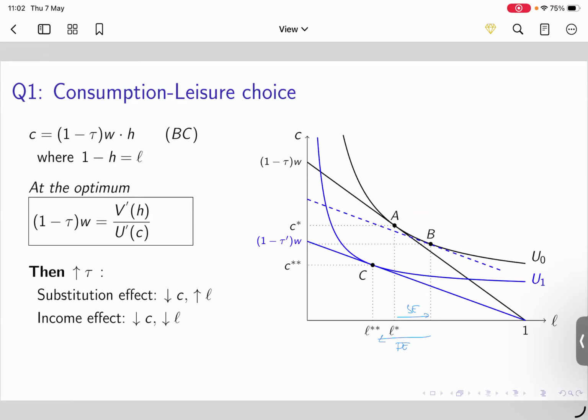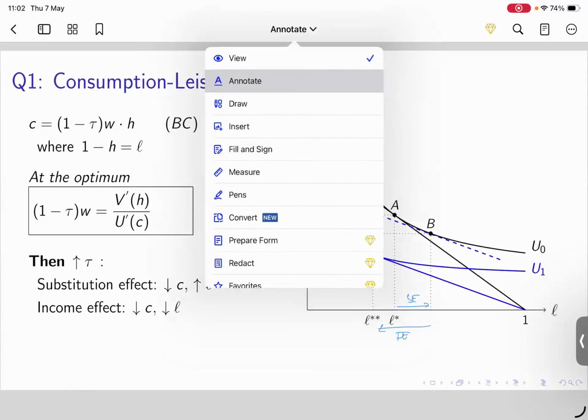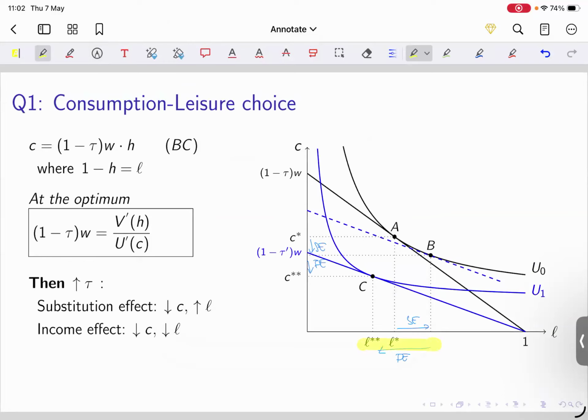So positive substitution effect, negative income effect. Here in this example, you have an offsetting effect for leisure, which brings you overall to an L2 star, which is lower. For L lower, given that you're either working or at leisure, this essentially means you have an increase in work, which is the opposite case to the statement in the true and false.